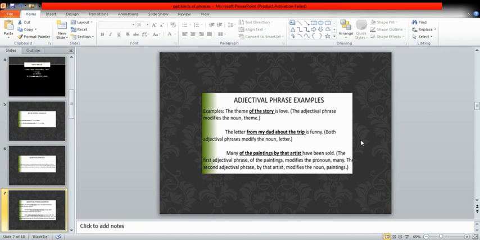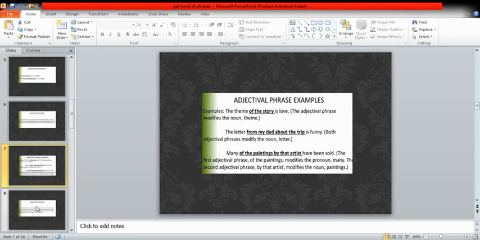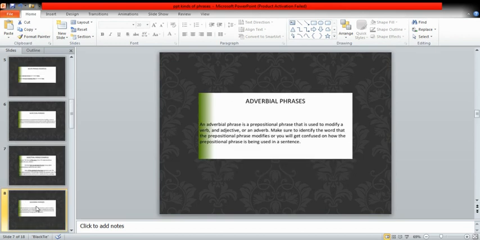But if only by that artist is underlined, then it means that it is modifying the noun, which is paintings. So an adjective phrase can modify a noun or a pronoun in a sentence, as you can see in the example. This is the main way in which you can recognize an adjective phrase.